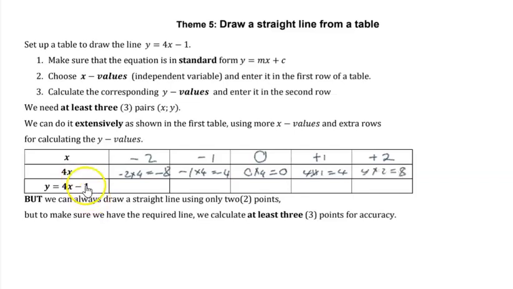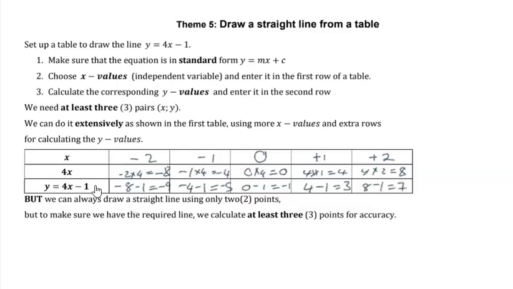We still have to subtract the 1 there, so minus 8 minus 1 gives us minus 9, minus 4 minus 1 gives us negative 5, 0 minus 1 gives us minus 1, 4 minus 1 gives us 3, and 8 minus 1 gives us 7.